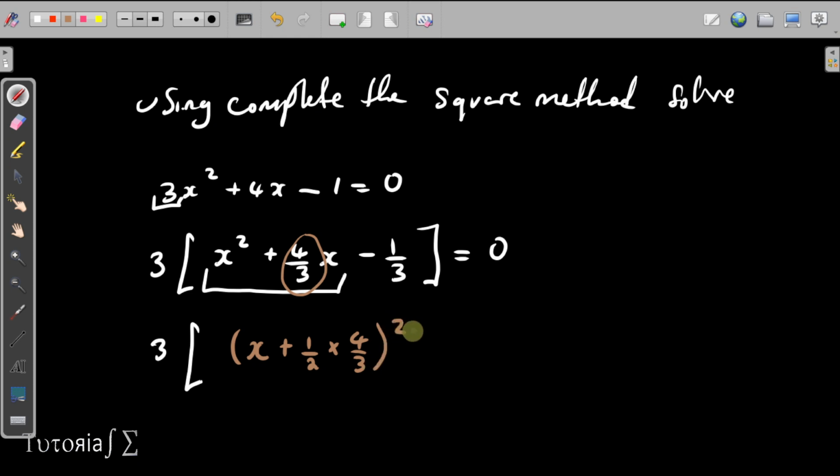Then we square that. Then we always say minus here because of the reason I explained. So minus whatever is here squared, so that is half times 4 over 3, then squared. Then we have a minus 1 over 3.